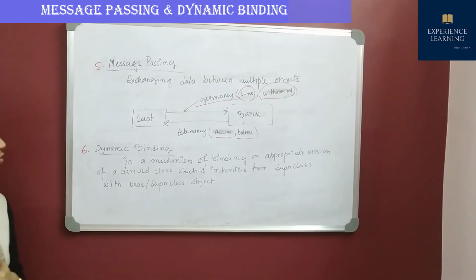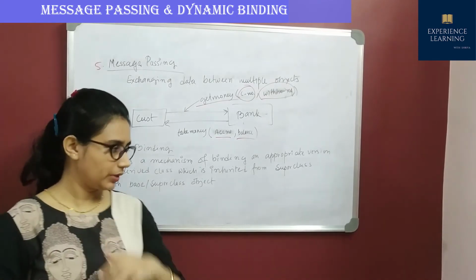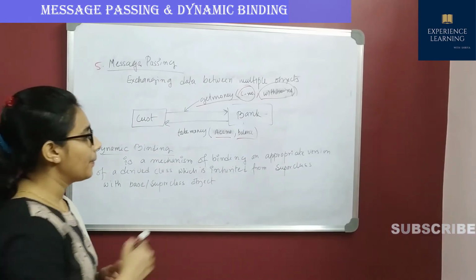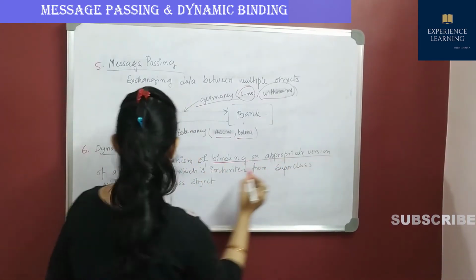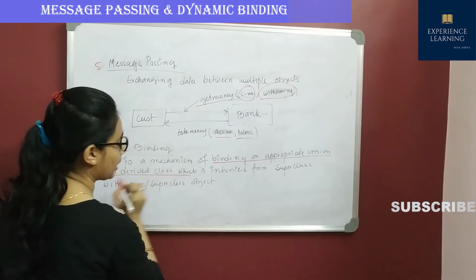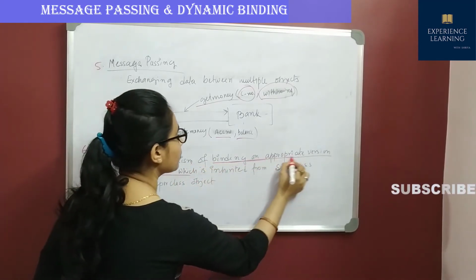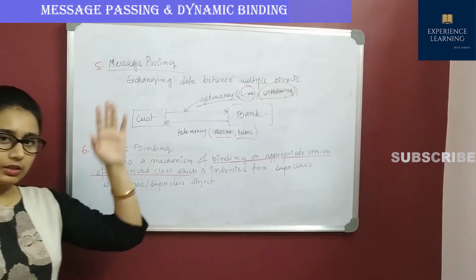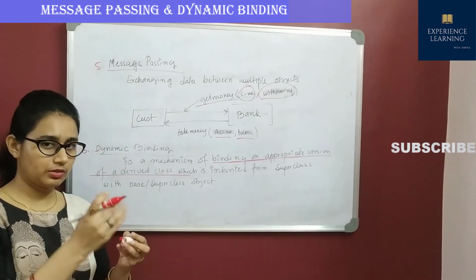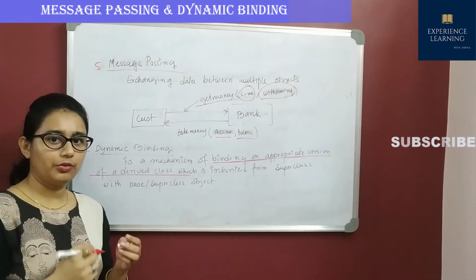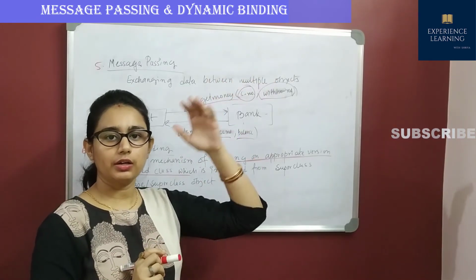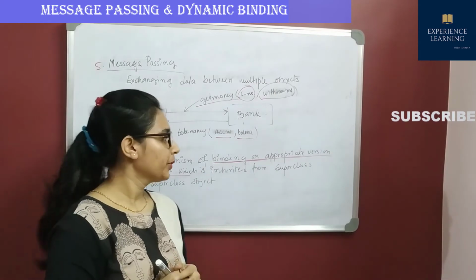And then the next one is dynamic binding. So what is dynamic binding? Dynamic binding is a mechanism of binding an appropriate version of a derived class. So what is the appropriate version of the derived class? I have already discussed it previously; you can just rewind and see that the animal class and cat class were there.